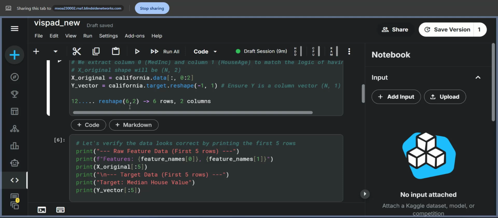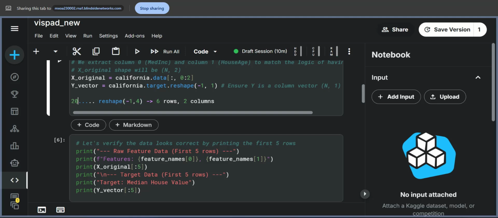If we were to make this one -1, and let's say this is 20, we don't want to do the calculation ourselves. We could just say -1, 4, so the reshape is going to do the calculation itself.